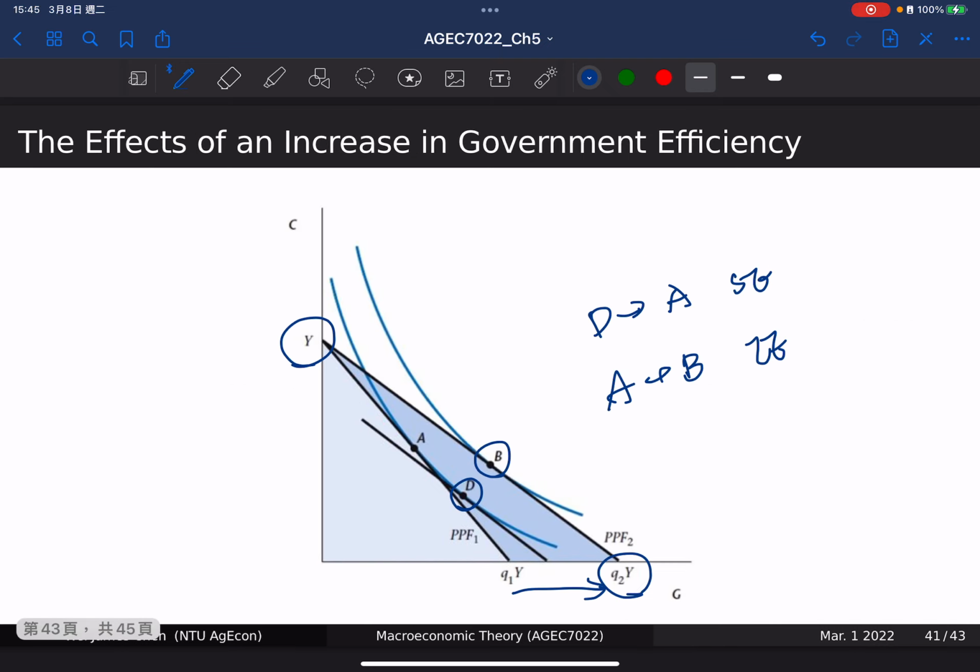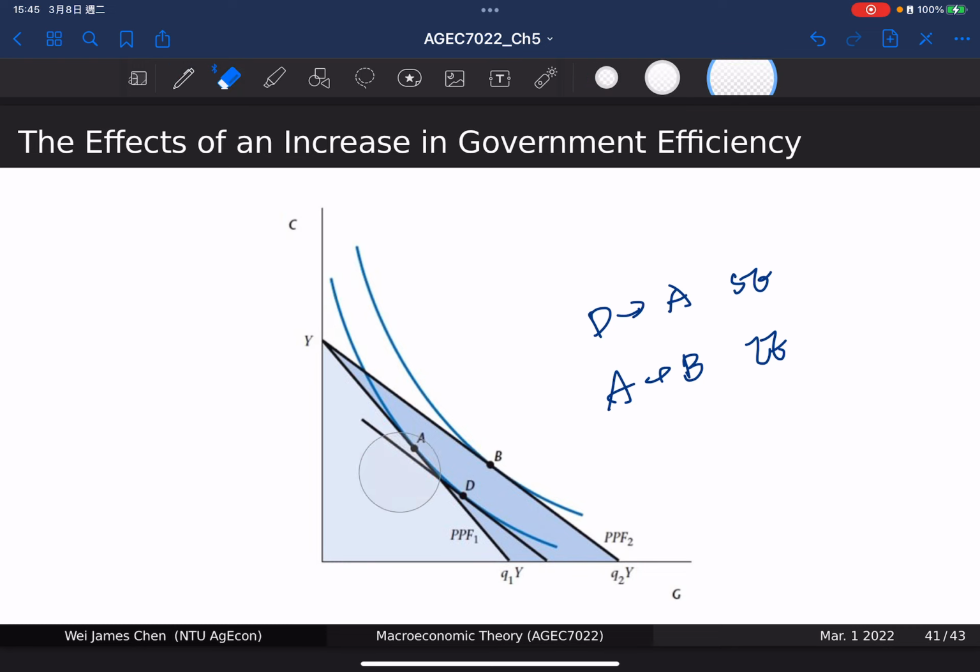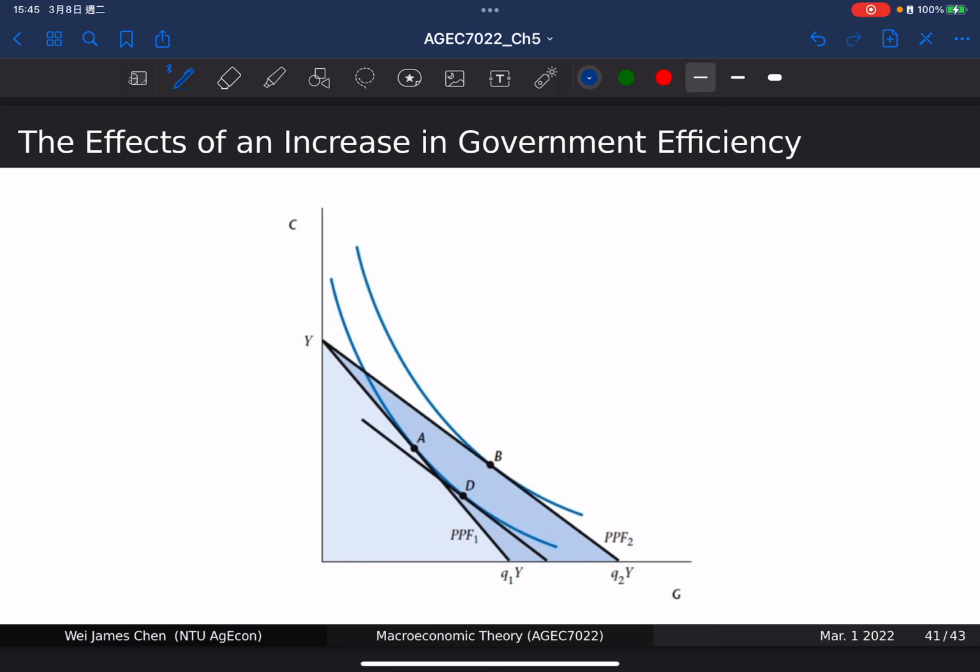Actually, it's the opposite. G will increase, but let me see why. Okay. Doesn't look that way though.